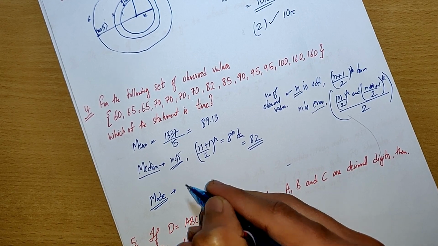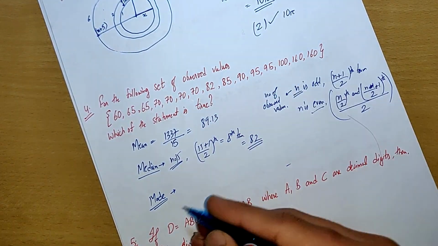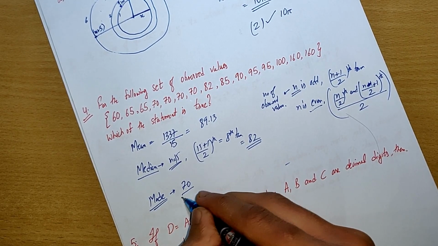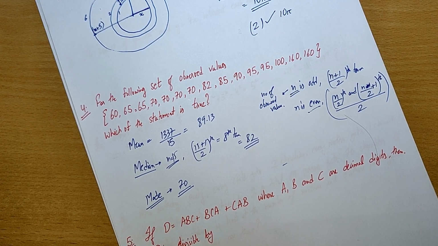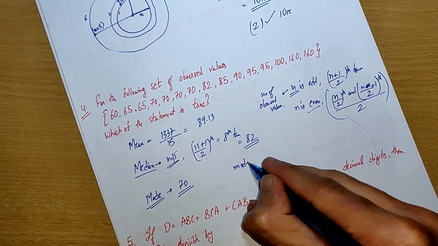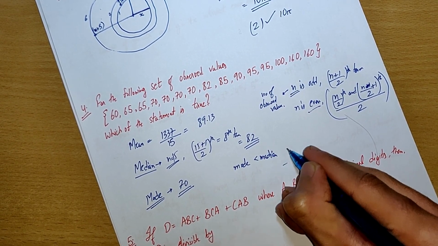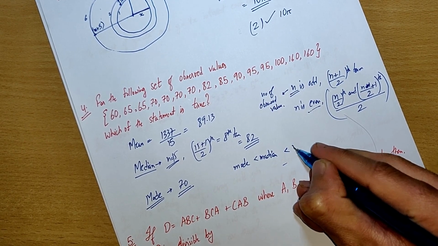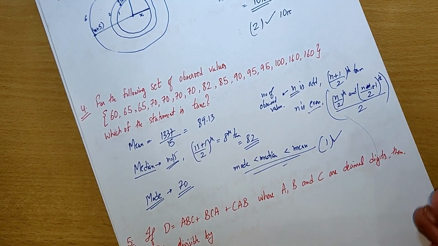Mode is the value with the highest frequency. So 70, it is clearly visible. Out of these options, what would be the most correct? The mode will be less than the median, and it would be less than the mean. So the first option is correct.